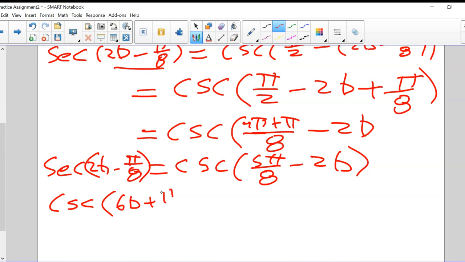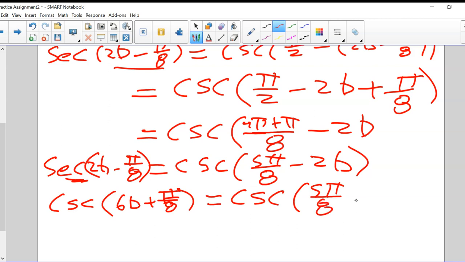And therefore, that's also equal to the cosecant of 5 pi over 8 minus 2b. So they're all equal to each other, right?